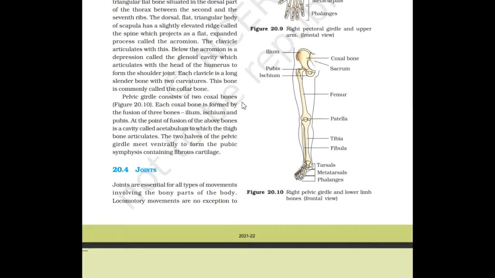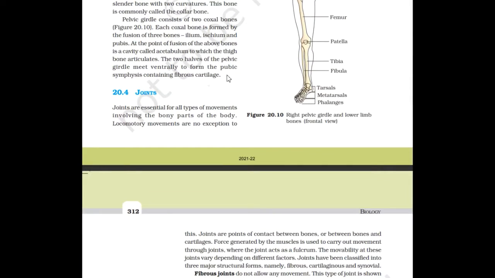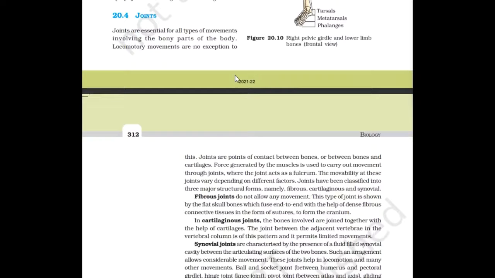Each coxal bone is formed by the fusion of three bones: ilium, ischium, and pubis. At the point of fusion of the above bones is a cavity called the acetabulum, to which the thigh bone articulates. The two halves of the pelvic girdle meet ventrally to form the pubic symphysis, containing fibrous cartilage.